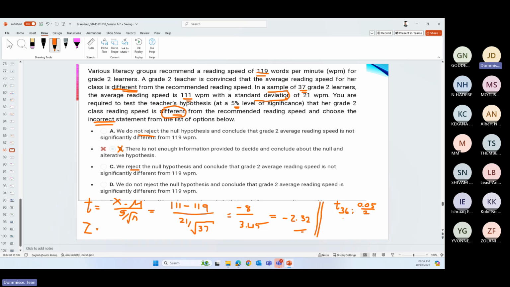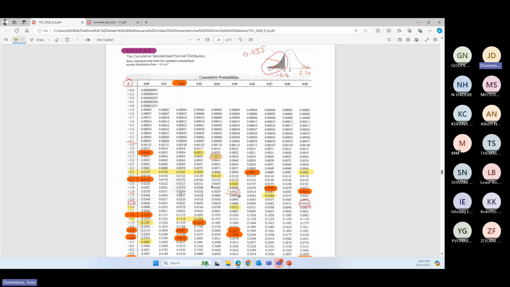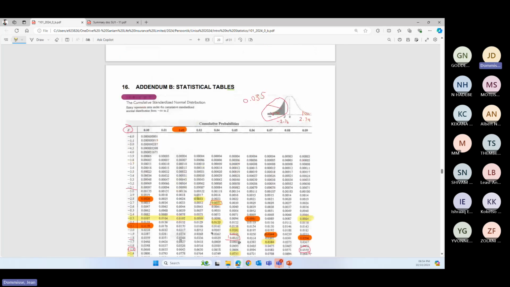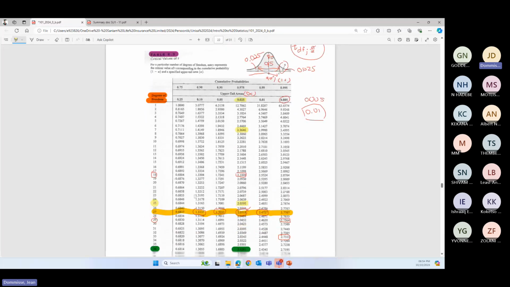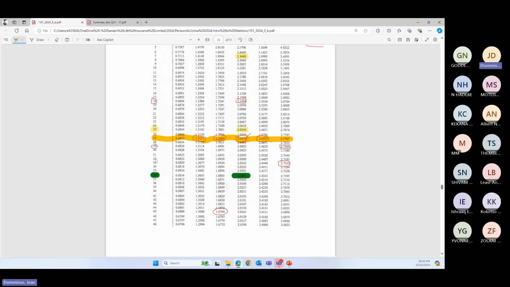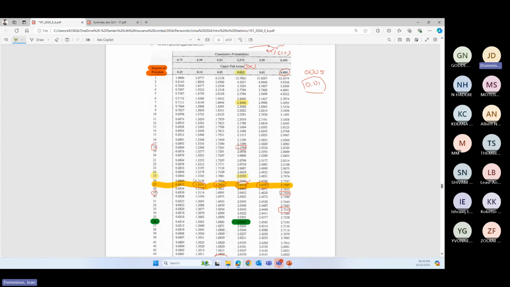So the T at 36 degrees of freedom, with 0.05 divided by 2, 0.025. So let's quickly see if you would have made any different calls if it was a T or a Z. So 36, okay, so obviously I used this one at the stage. For this one, 36 of that is 2.0281.